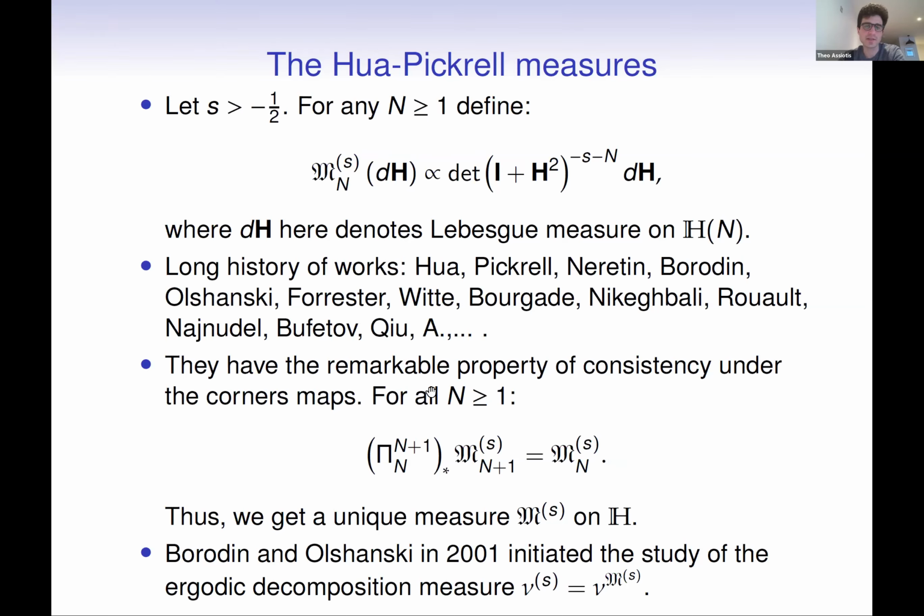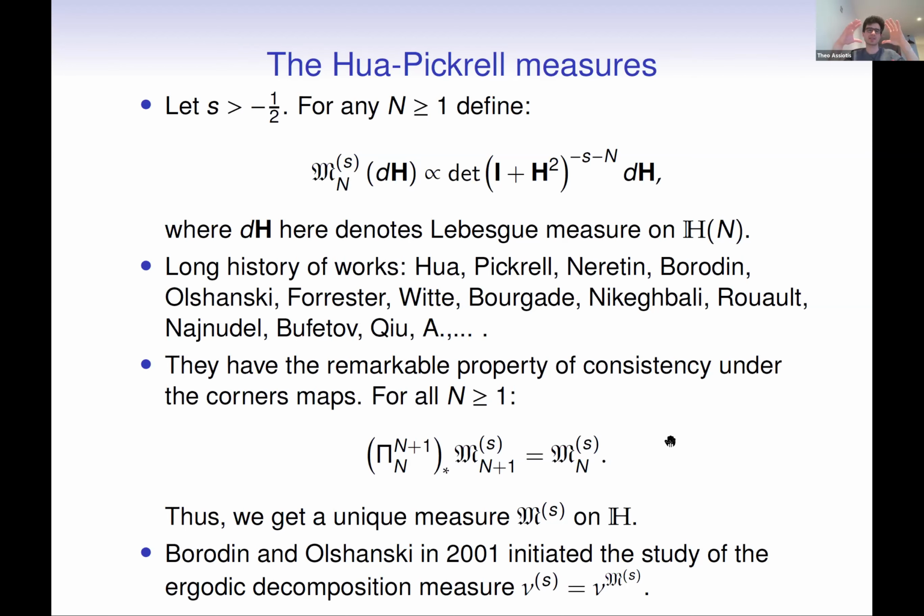Oh yeah, I should say that this is essentially proven in Borodin, Olshanski, and Neretin, but the computation of Hua in the book, at least for S real, since S can be a complex number, is basically there as well, because he computes these matrix integrals.